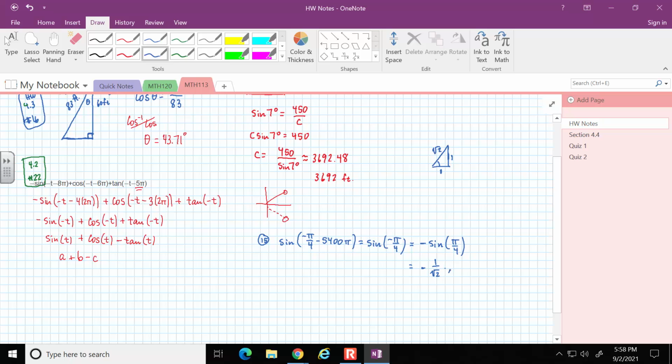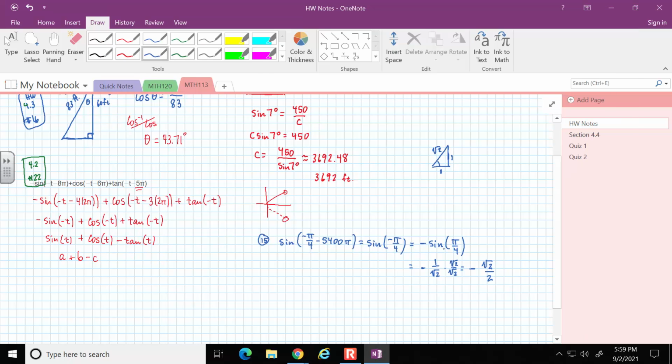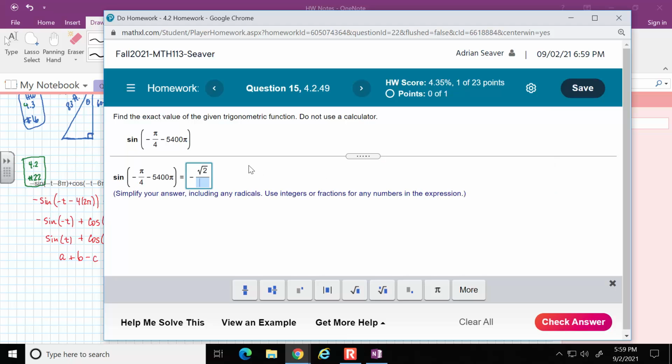Well, if I multiply the top and bottom by square root of 2, to rationalize my denominator, I get negative square root of 2 over 2. Now that's also from the unit circle. If you go back to that first section, we kind of derived that using that unit circle definition as well. The sine and cosine of a pi over 4 angle is square root of 2 over 2. So in this case, we had negative sine of pi over 4, so it's negative square root of 2 divided by 2.